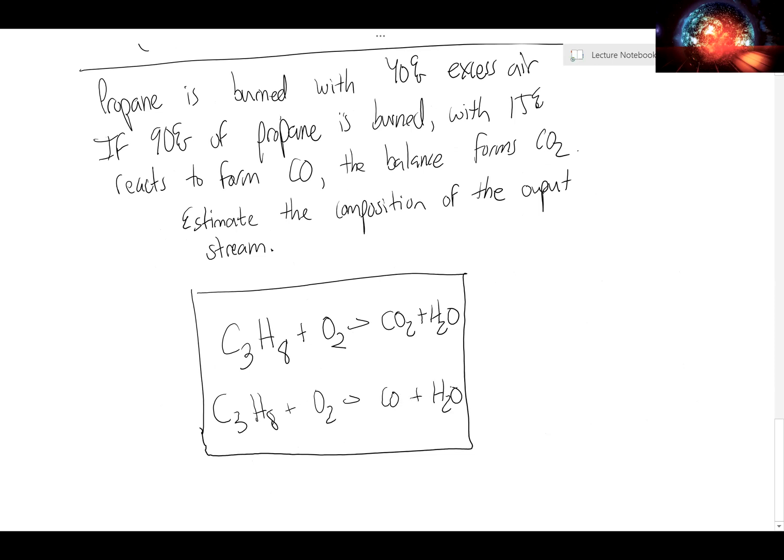So the first step is balancing those chemical reactions. Doing a carbon balance, I need a 3 here and a 3 here. Doing a hydrogen balance, I need a 4 here and a 4 here. For my oxygen balance, I have 10 on the right, so I need a 5 here. And for the incomplete combustion, I see 7, so I need 7 halves here.